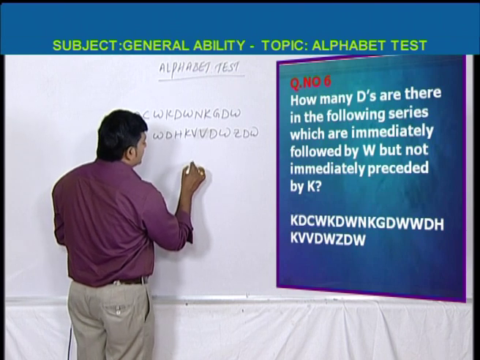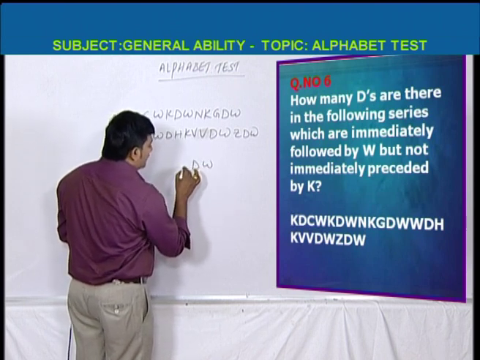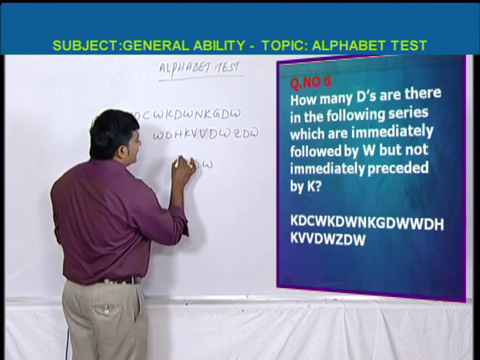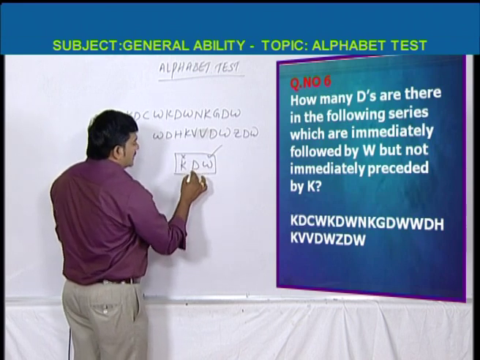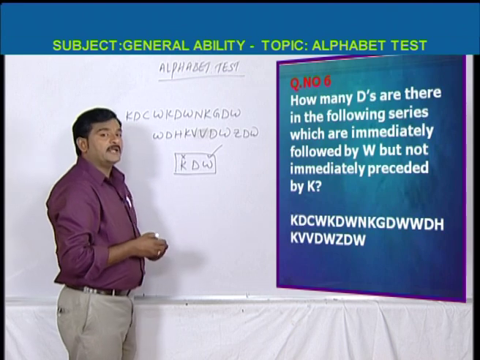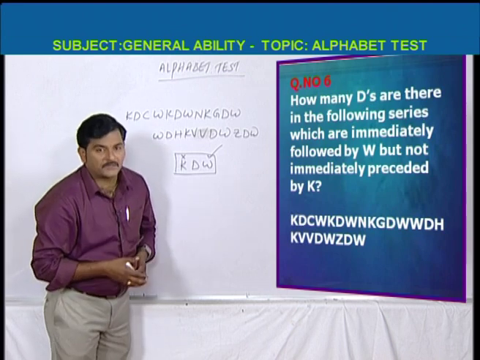How many D's are there which are followed by W but not preceded by K? That means, D followed by W, with no K before the D, how many such D's are there.